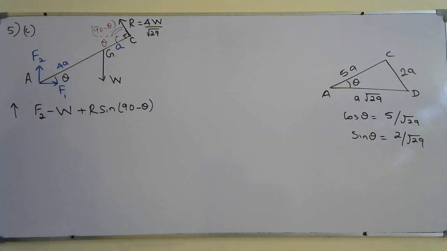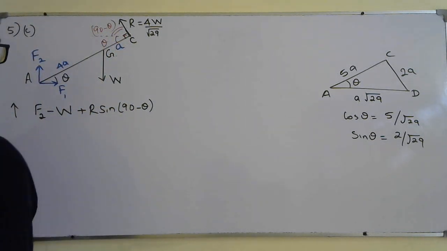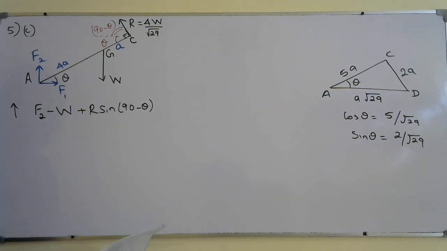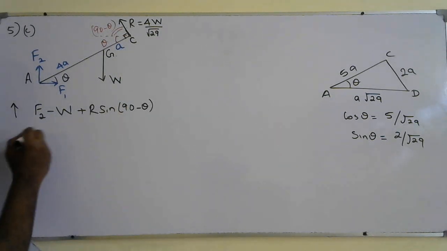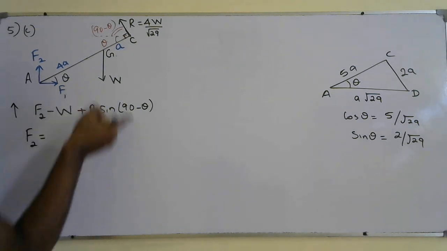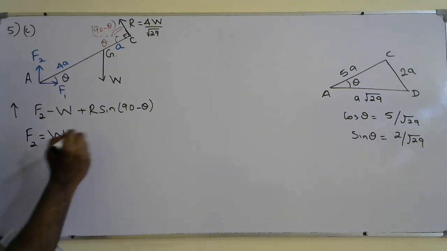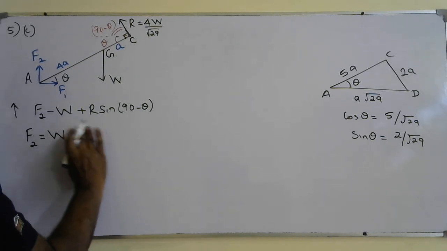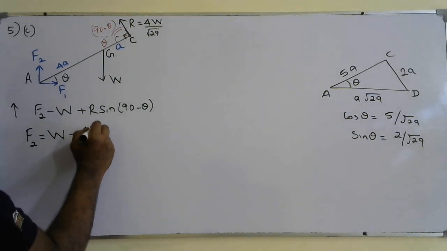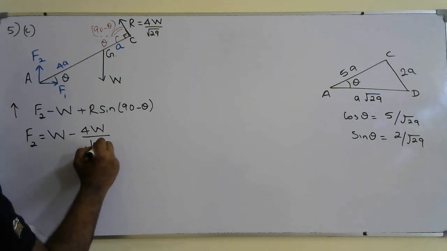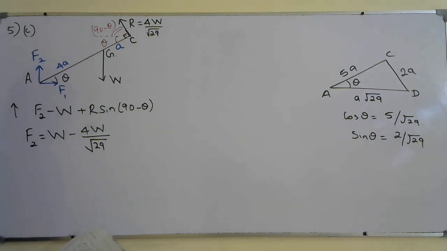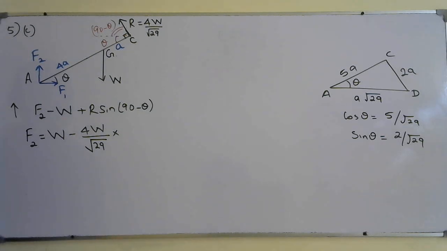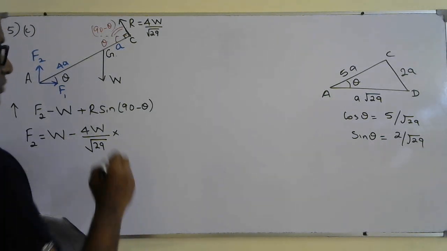Okay, so I can use this. Sin(90 minus theta) is cos theta. So R, I know, is 4W over root 29, and substitute it and you will get F2. So F2 is going to be, taking to the right, W minus 4W over square root of 29 into cos theta, which is 5 over square root of 29.